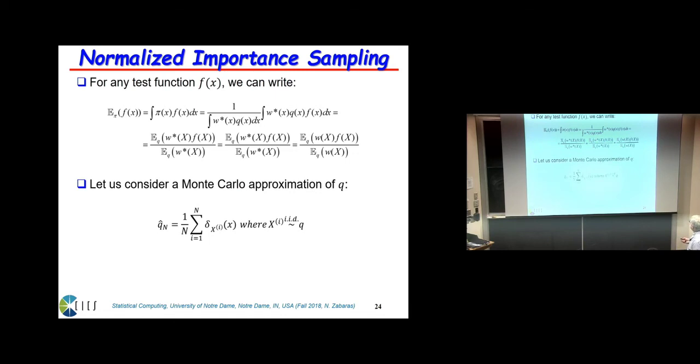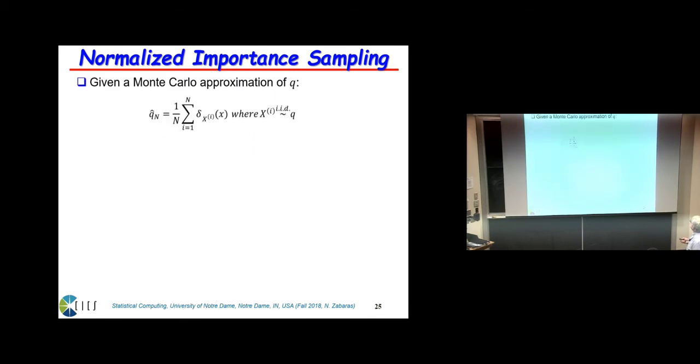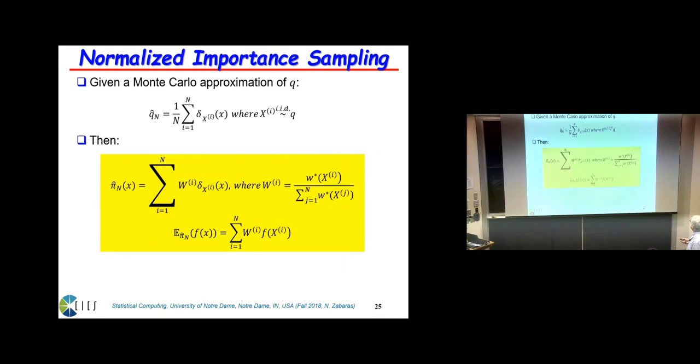So let me see our notation, okay? So here is, in this case of unnormalized weights, basically how the distribution q looks like.